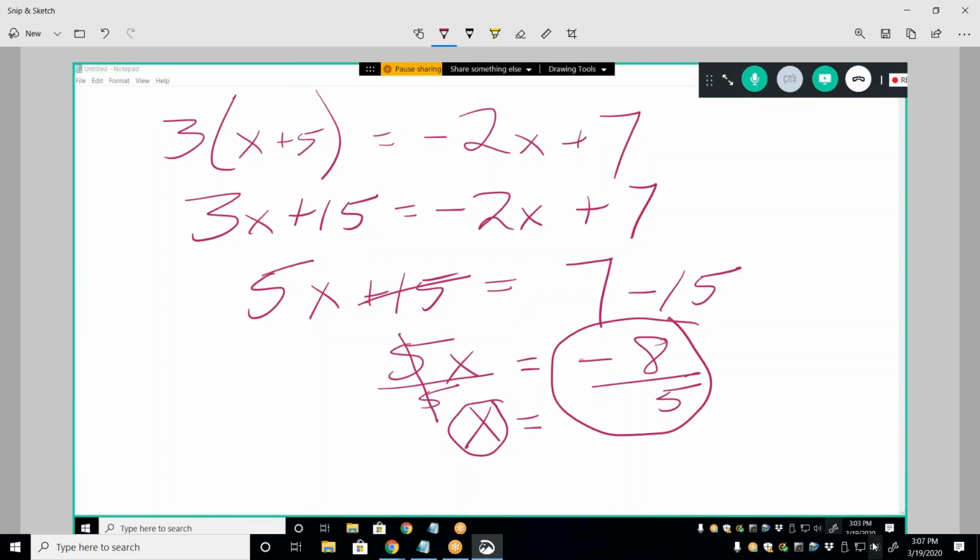Leave it as a fraction. One should always leave it as a fraction. Okay? There's reasons for that, but for the work we're going to be doing, you're better off leaving it as a fraction.